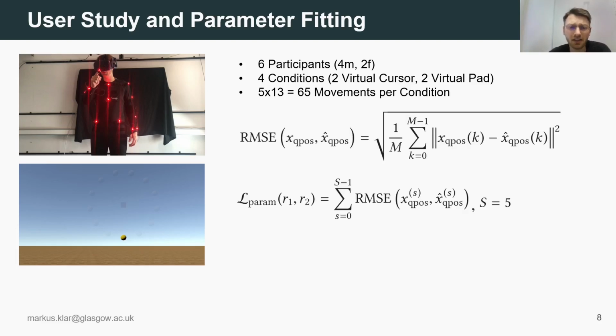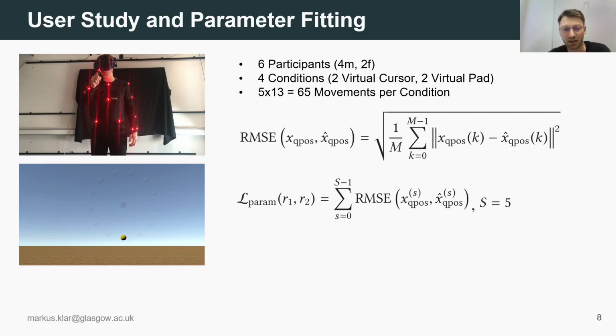Now with this data, we can actually compare our simulation results, so XQPOS, which contains all the joint angles over time, with XQPOS head, which is the corresponding real user movement over time, and calculate a root mean squared error to define how well our simulation does compare to the user.